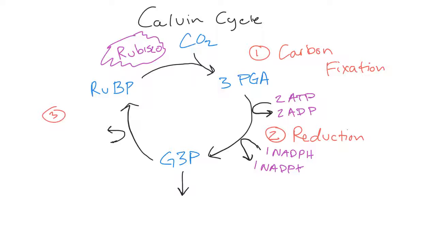So we're using the ATP that we created in the light-dependent reactions. And then that G3P can be used to make sugars.